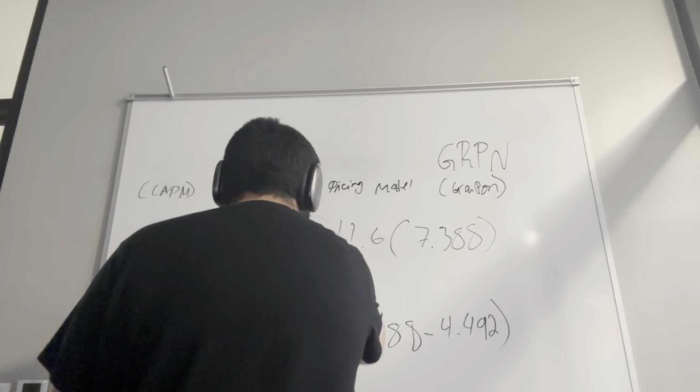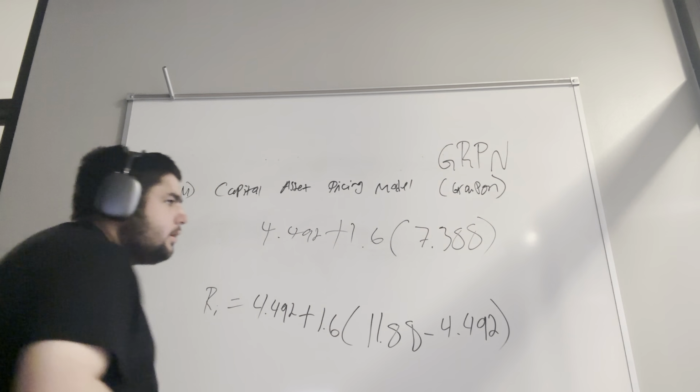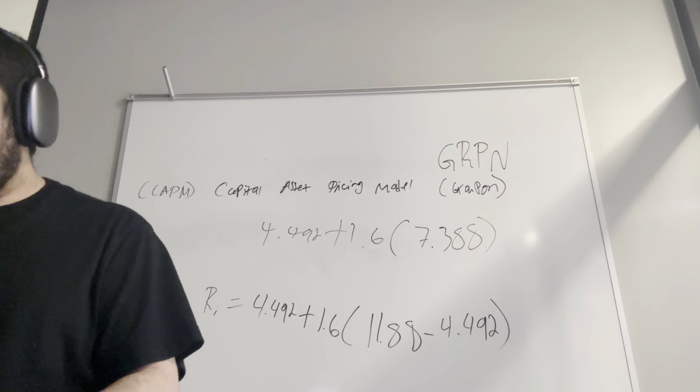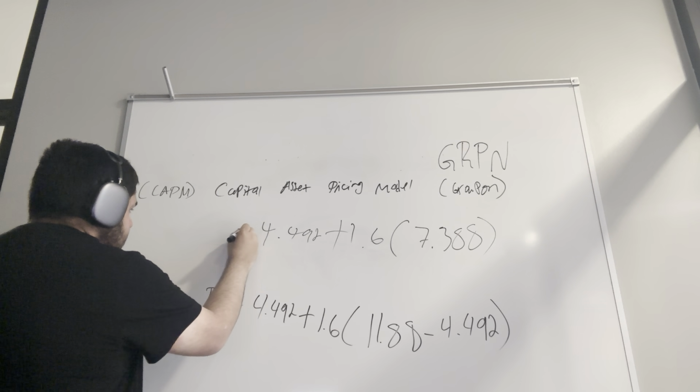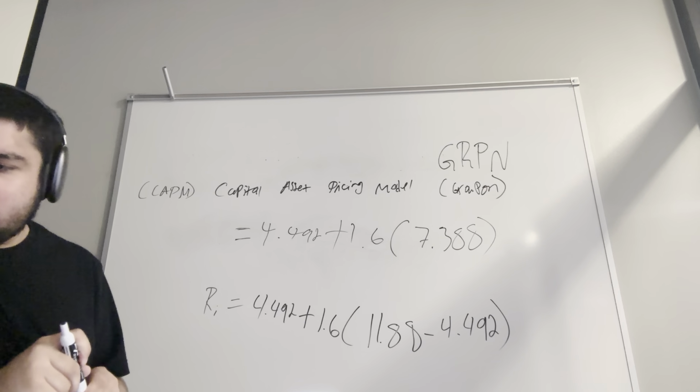Then we multiply, so 7.388 times 1.6 plus 4.492 is 16.3128. So let's round to 16.31.